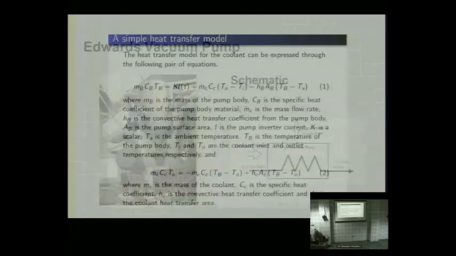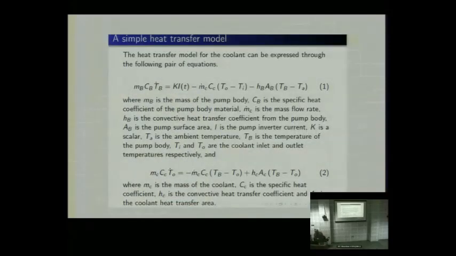So we used a very simple heat transfer model here. Okay, so we did two sets of equations because we were interested in two types of fault. The first was the temperature of the pump body. So we looked at mass transfer.